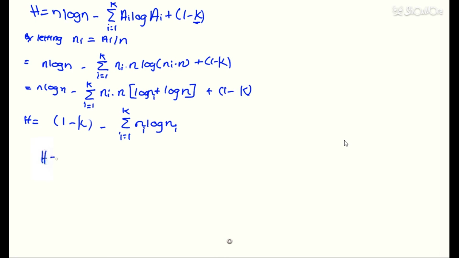Therefore, h can be written as minus sigma. The term 1 minus k can be dropped since it is independent of the distribution. So this can be minus sigma from i equals 1 till k of pi log pi.